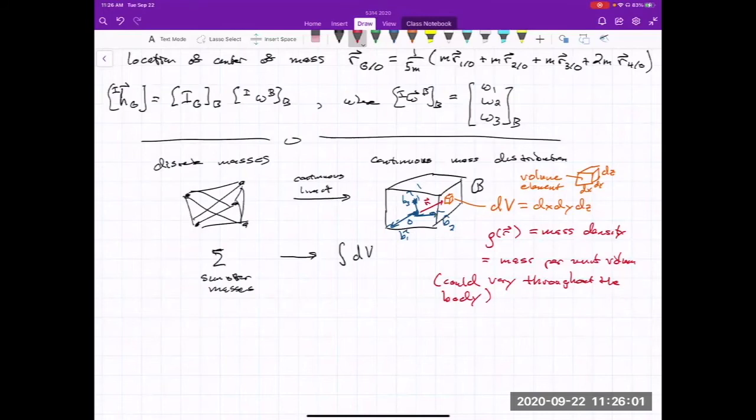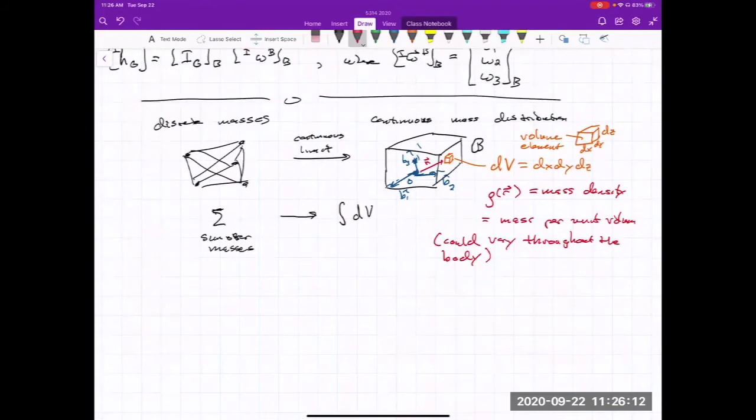But a piece of wood or a piece of steel, you can often get away with assuming it's constant density, even 3D printed objects. All right, so we'll be doing some integrals instead of summing over masses, because doing integrals is more efficient.